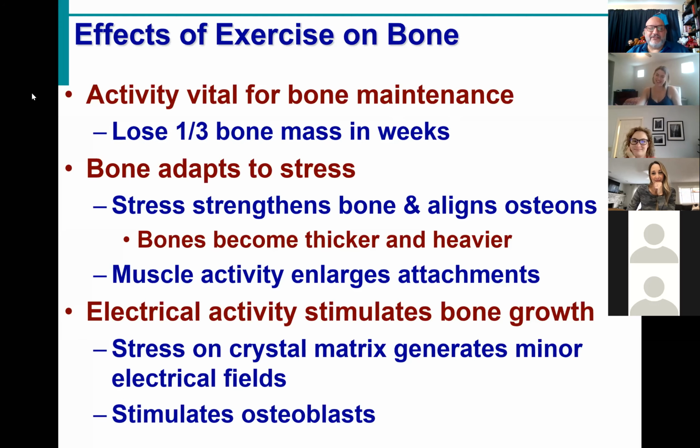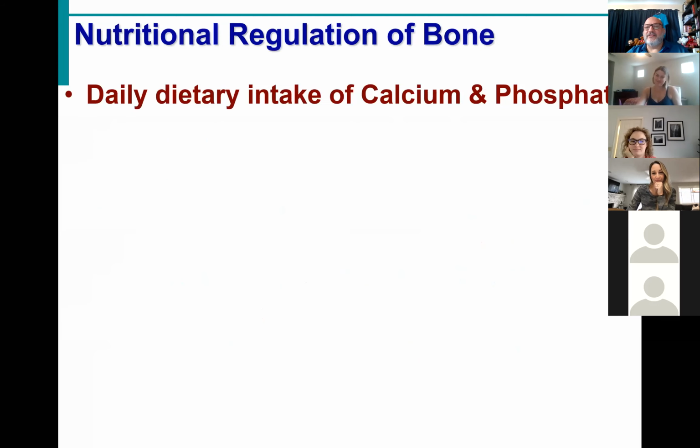All right, let's talk about another easy or straightforward one, and that is the nutritional requirements that are necessary for bone growth. Obviously, there is the need for calcium and the need for phosphorus. As we said, those hydroxyapatite crystals are primarily calcium phosphate.